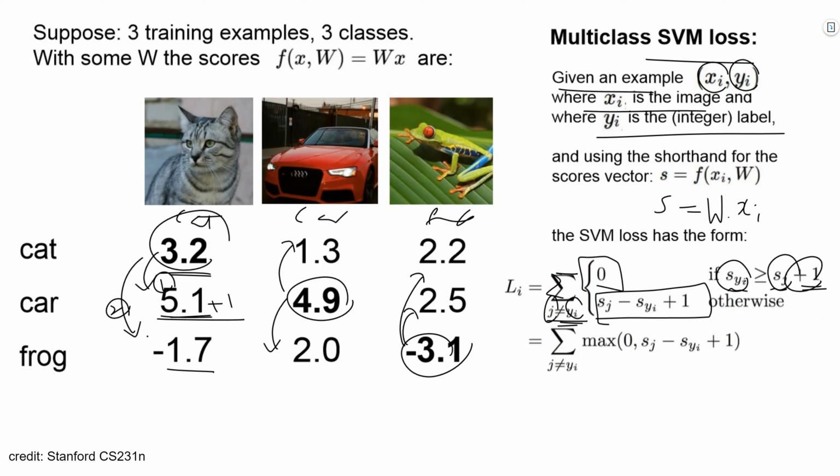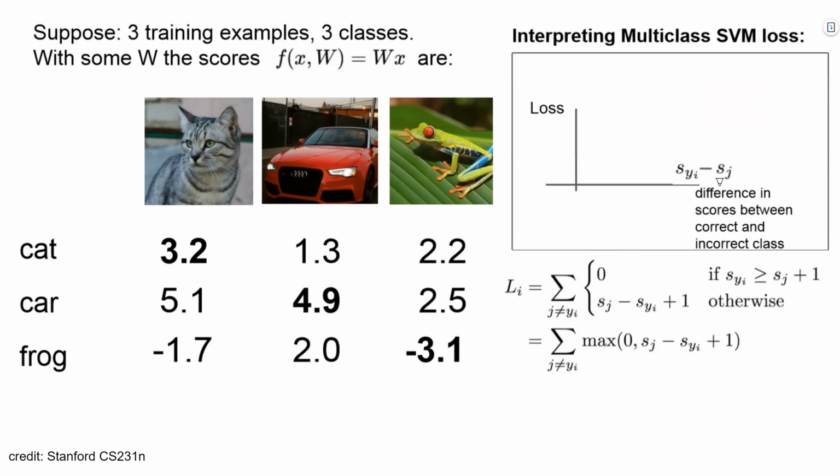And in the second case, for the first training example, when we add the margin 1 here, it becomes minus 0.7. And 3.2 is larger than minus 0.7. And in the second comparison, no loss occurs. Okay, that's how we calculate SVM loss, multi-class SVM loss.